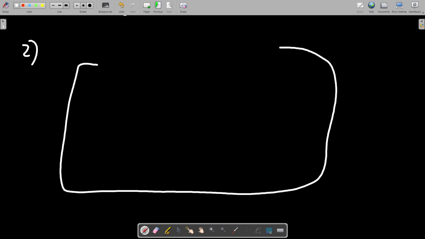Okay, so the diagram over here in case of 2, I'll draw a big diagram.